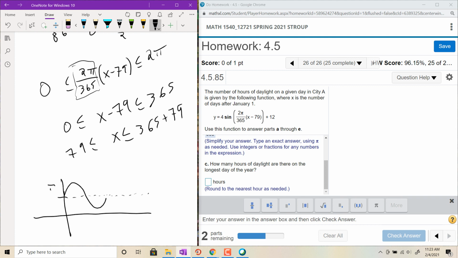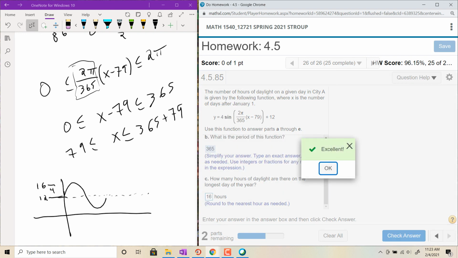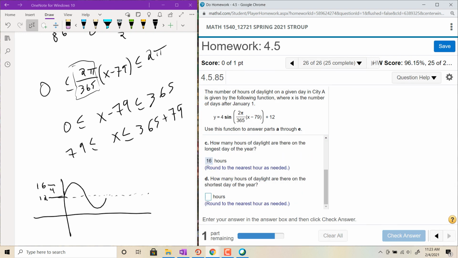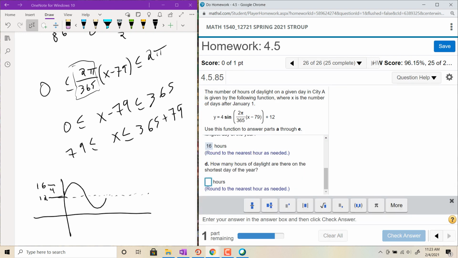So right here, you're at 16 for the maximum. Okay, so 16. And this question just keeps on giving. Then to go down by 4, of course, that'll take you down to 8 hours.